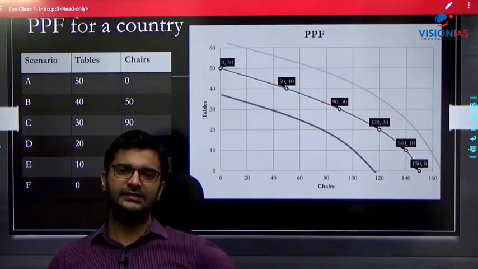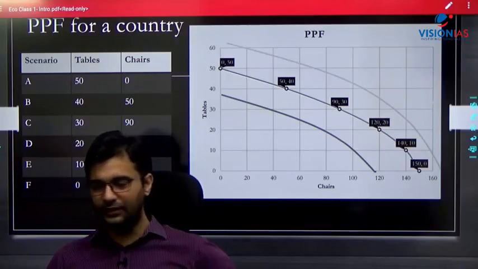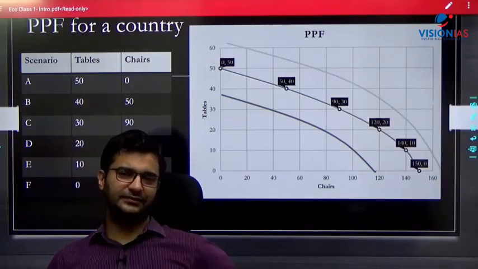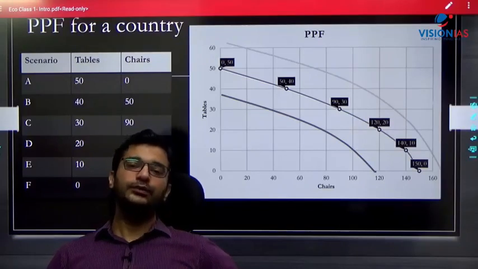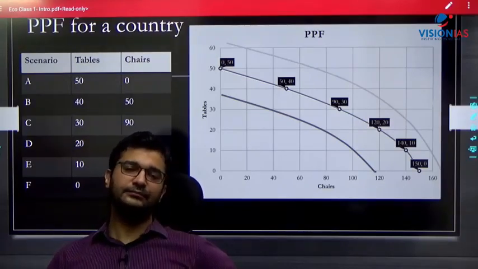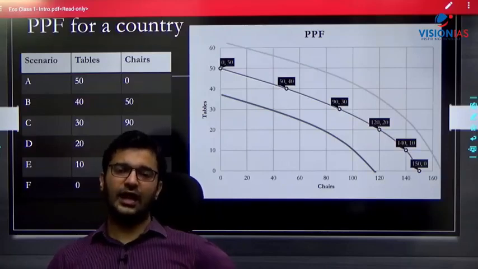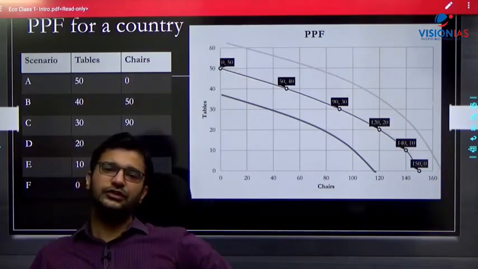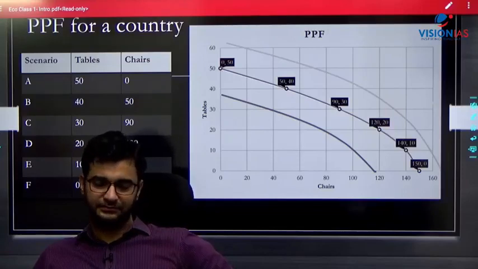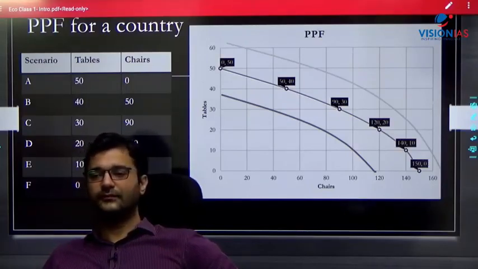Hence the word optimal is specific to a particular time and the level of technology with which resources can be utilized at that time.